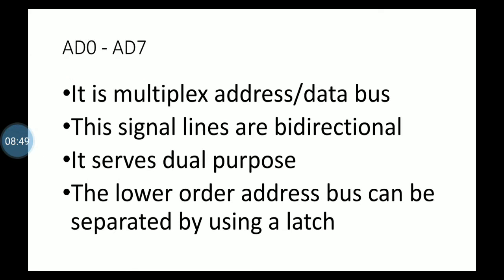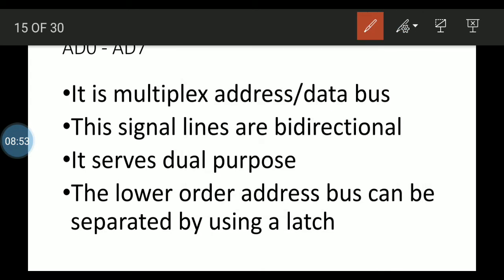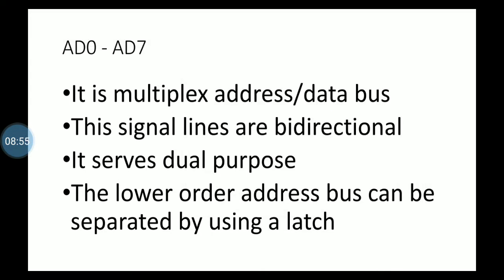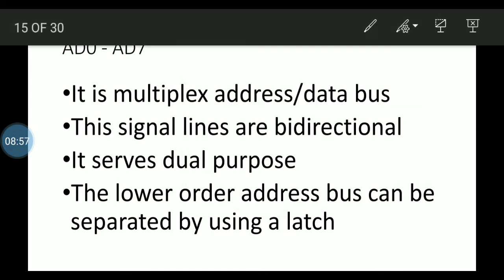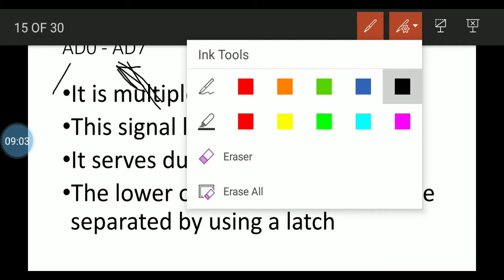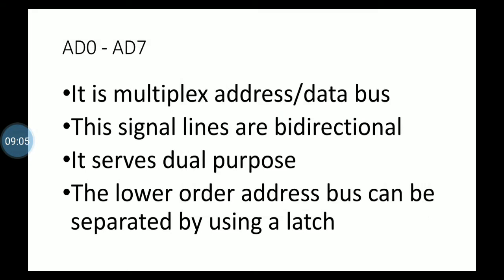Multiplex means it is having a combination. Here, A means address bus and D means data bus. It serves a dual purpose: it will work as the address bus and also as the data bus.